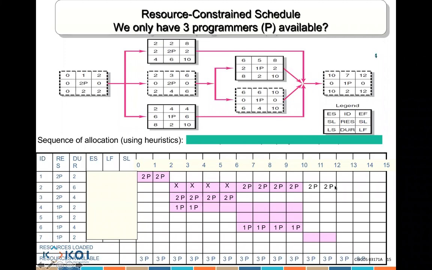We know we have used only 2 people between days 10 and day 12, and we know we have 1 more person available. So you basically would use here an X. I cannot start it here. Why? Because we have already used all the resources. That's why you put an X. That means I cannot start it. And you would start it straight after where you have a resource, 2, 3, 2, 3. You basically use it at that particular point.